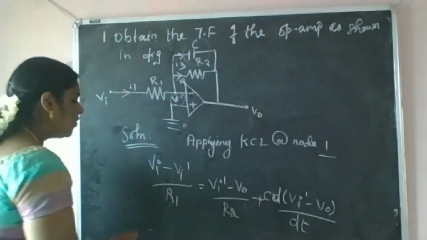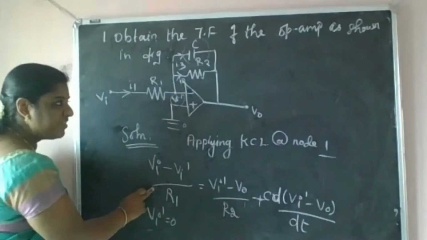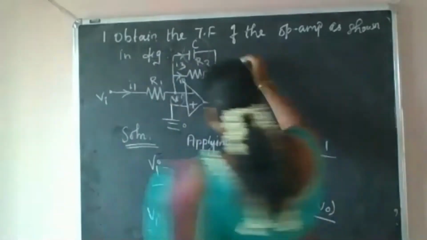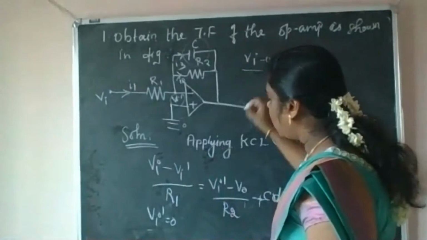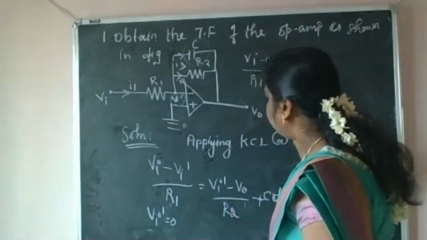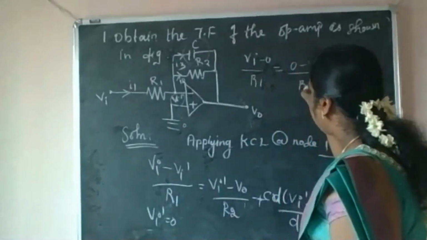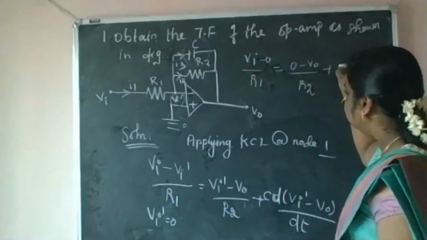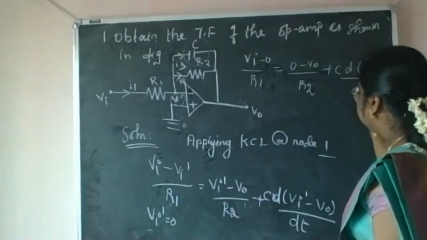Substituting Vi dash equal to 0 in this equation, we will get Vi minus 0 divided by R1 will be equal to 0 minus V0 divided by R2 plus C into d of minus V0 divided by dt.